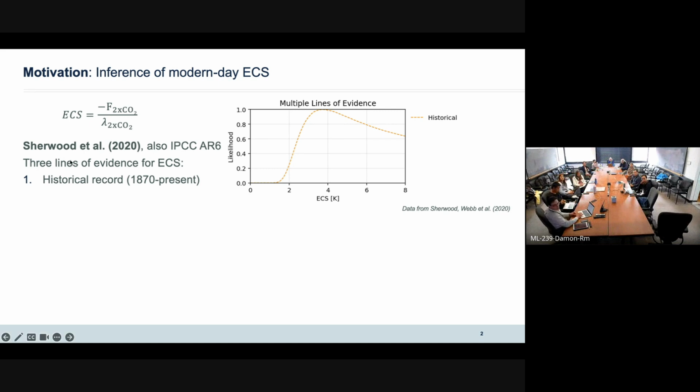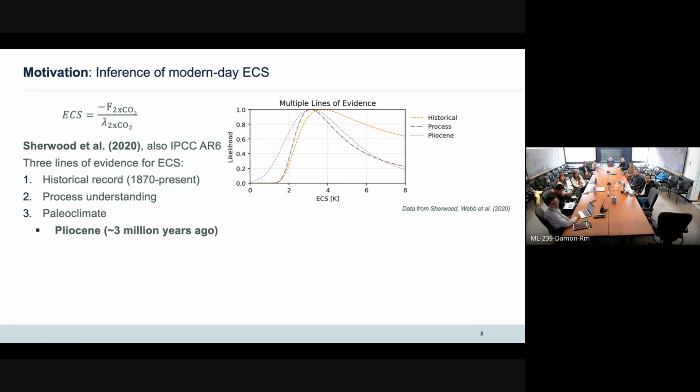What they did is they quantitatively combined lines of evidence for ECS, first looking at the historical records, that's changes back to 1870 or so. Then they also looked at process understanding of how individual feedbacks in the climate system operate. And then they turned to paleoclimate, and they looked at the Pliocene for evidence from a past warm period, and that's what Michelle will also be sharing some information about.